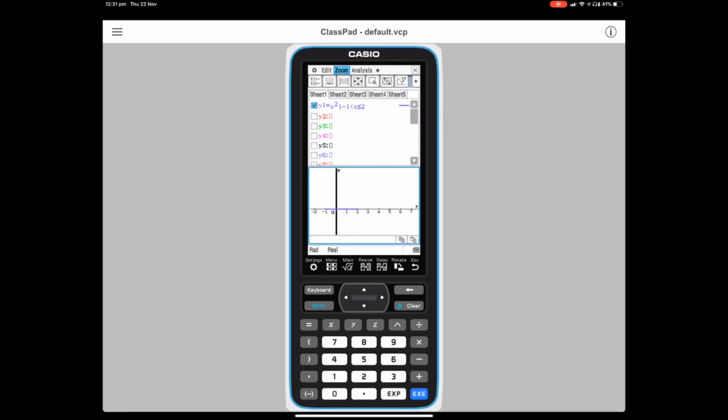Sketch it, zoom, initialize. So there's our graph, and you can see our bottom value. You can use fmin if you want, so G-Solve fmin. Our bottom value is 0. Analysis, G-Solve fmax. Our top value is 4.